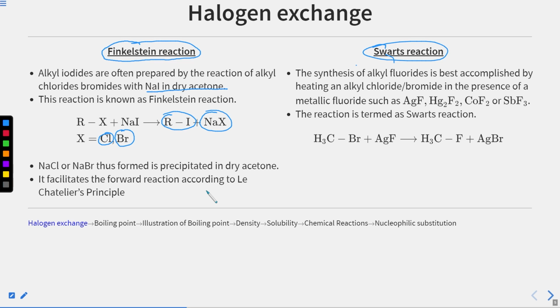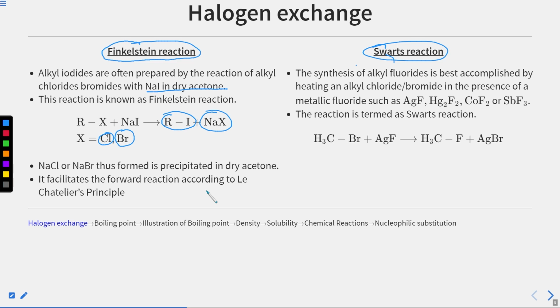So you have removed the product. Due to precipitation of NaCl and NaBr, we are removing the product from the reaction mixture, because we get it in the form of a precipitate, and the precipitate is not present in the reaction mixture, so it gets precipitated out.